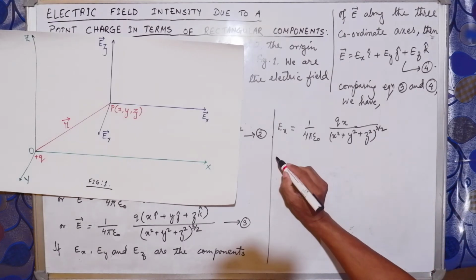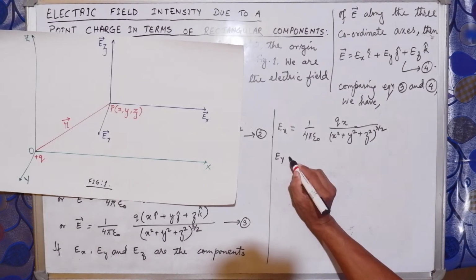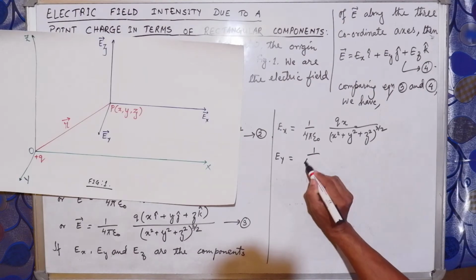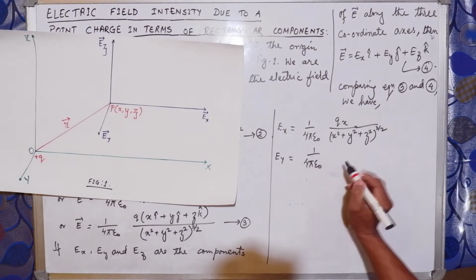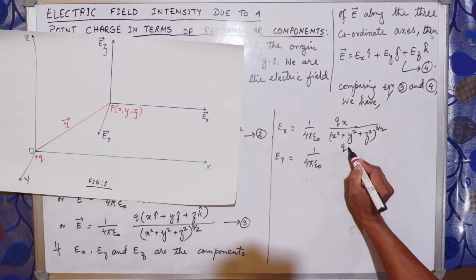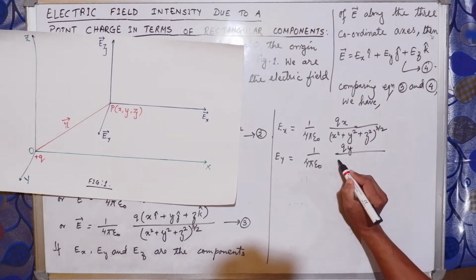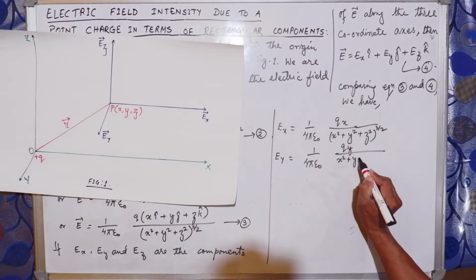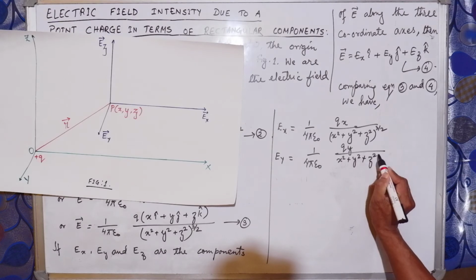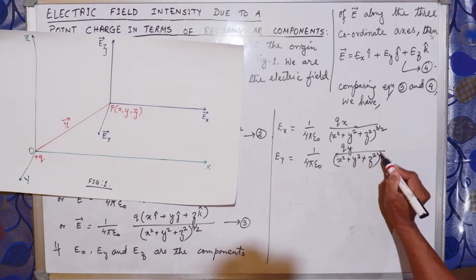Similarly, Ey will be equal to 1 by 4 pi epsilon naught Qy by x square plus y square plus z square to the power 3 by 2.